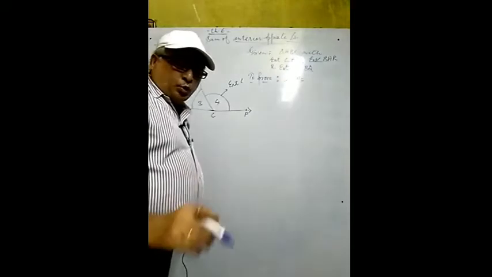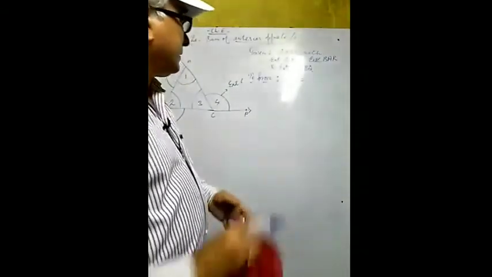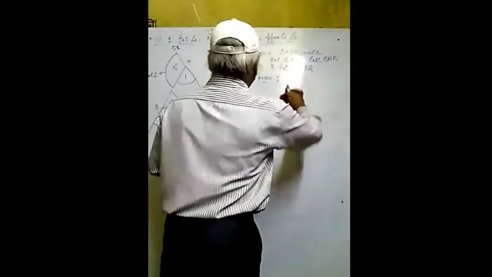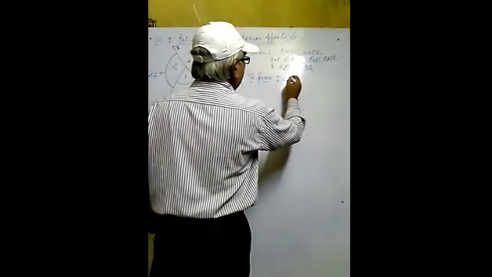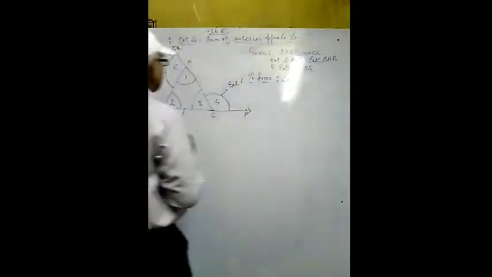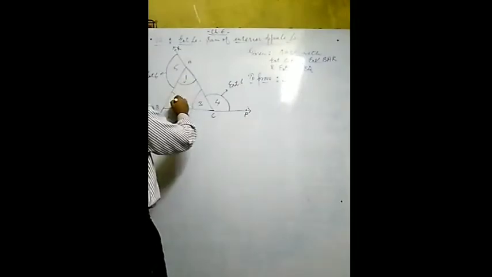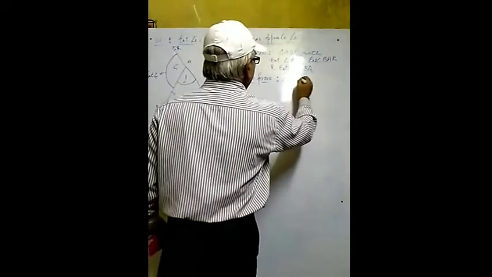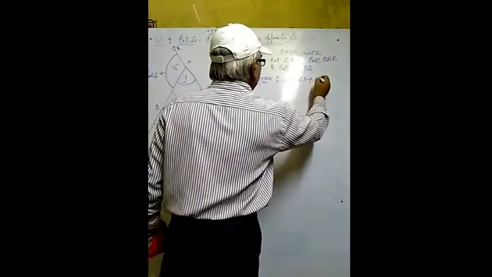So what is to be proved? We have to prove that angle 4 equals angle 1 plus angle 2, because this angle will be left out.